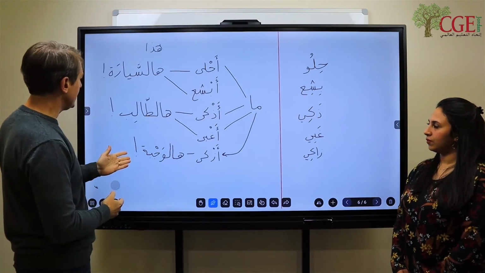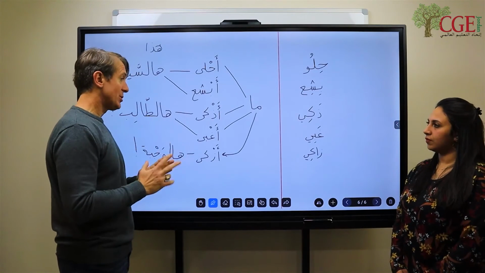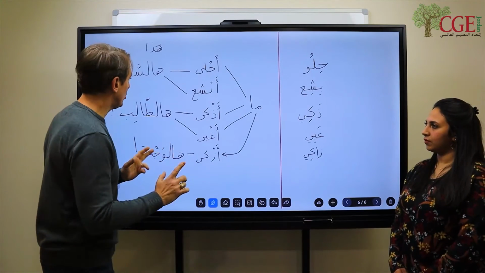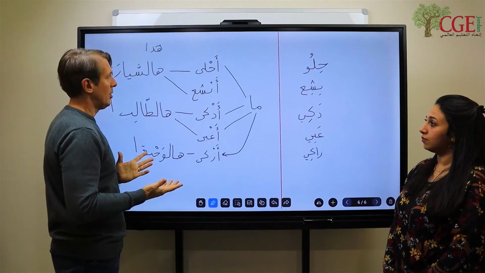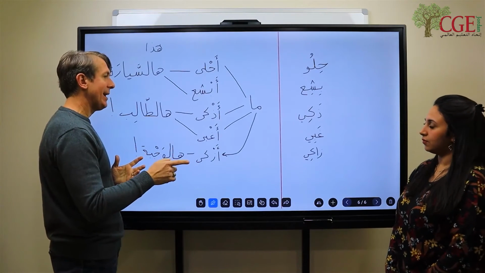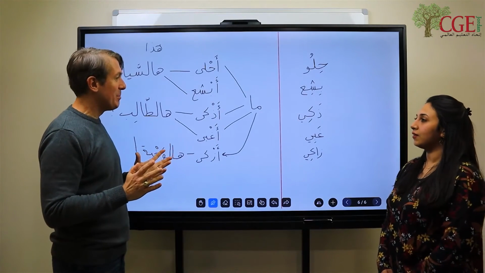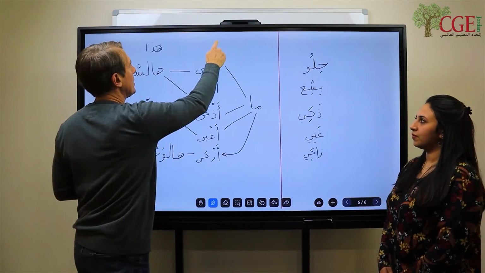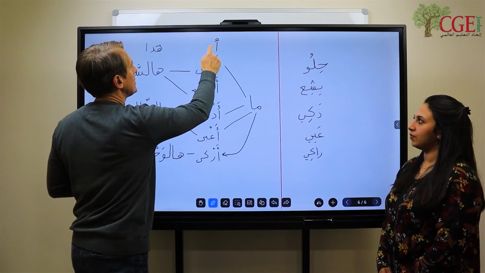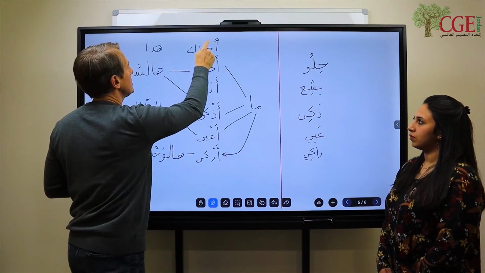All right. Notice all of them have this here because it's exclamation point. Now, there's some other things we're going to tell you about this real quick. Can we use this for people? Yes. Okay, so if you want to tell a guy how handsome he is, ما أحلاك. Notice here with ما أحلاك, we have a ضمير متصل, right?